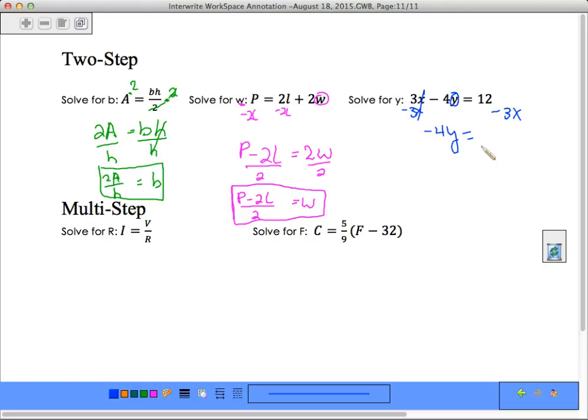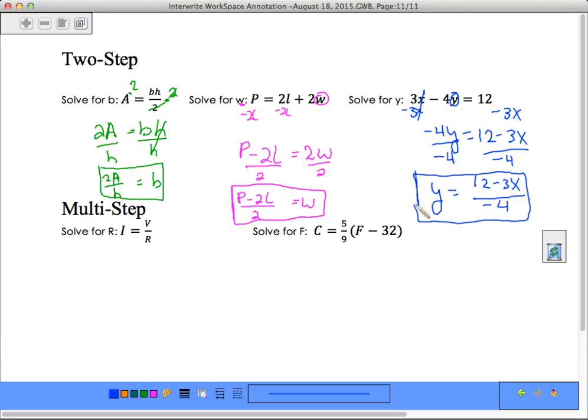This one doesn't have a variable at all. So I have to write 12 minus 3x. Then these are touching by multiplication. So I'm going to divide by negative 4. Divide by negative 4. And my final answer is y equals 12 minus 3x over negative 4. There we go.